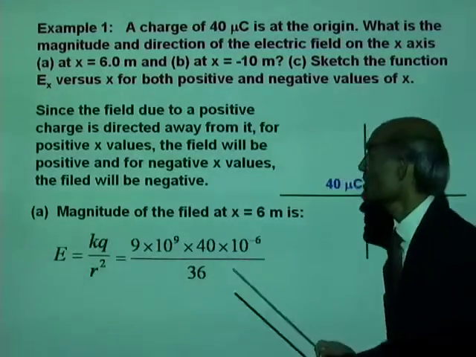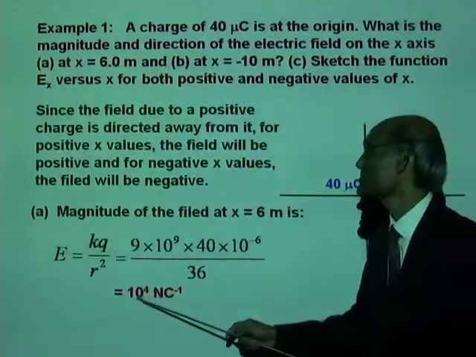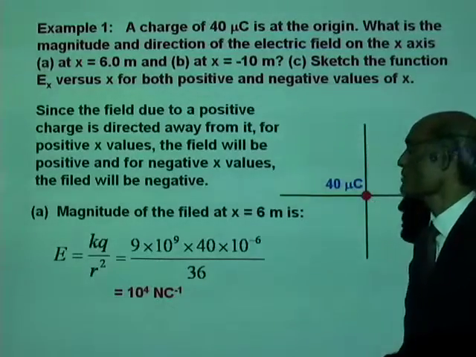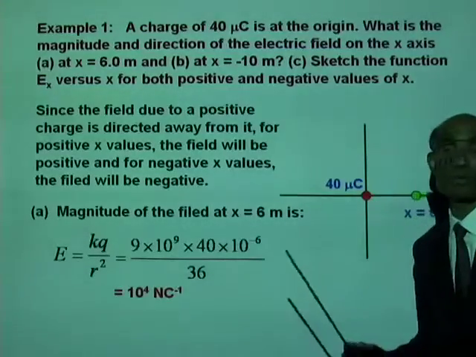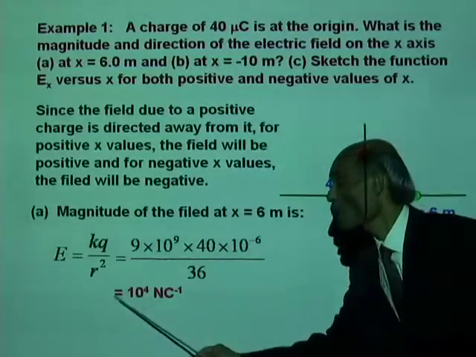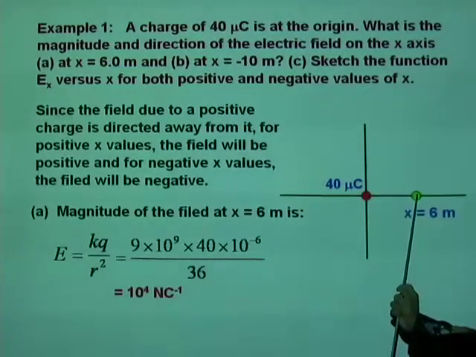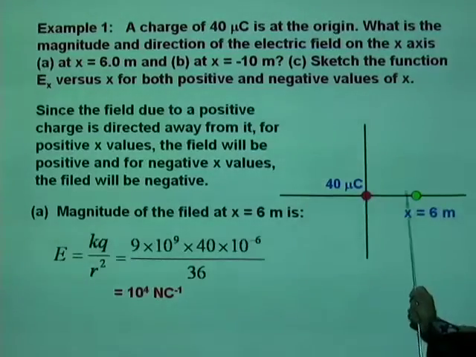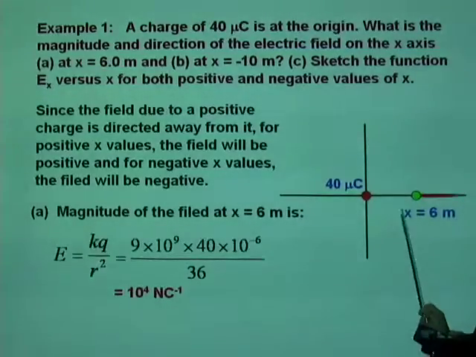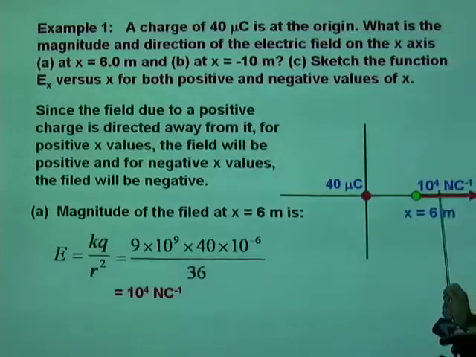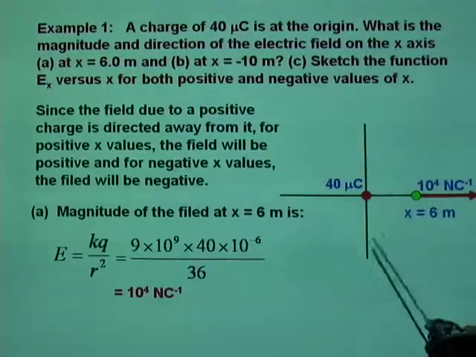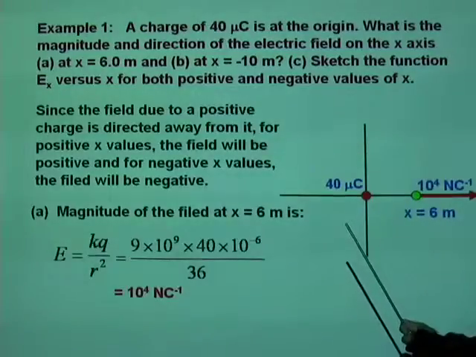So using that, we've got E equal to 10 to the power 4 Newton per coulomb. Now what is the direction of this field vector? This field vector will be directed away from the charge. Right, so this is 10 to the power 4 Newton per coulomb, directed in the positive x direction.